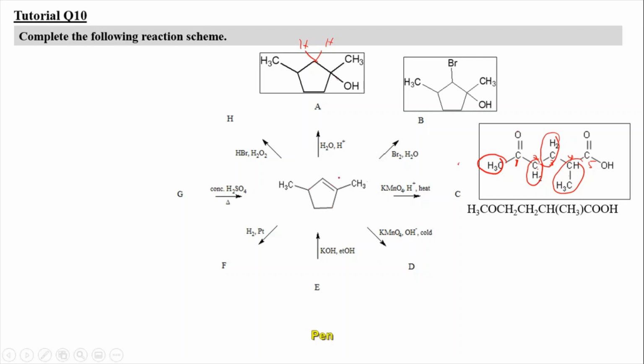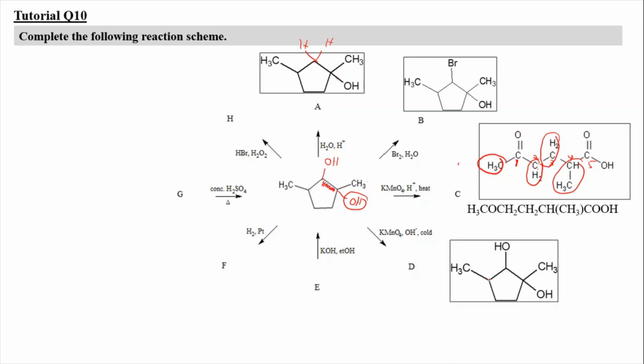Diol means that 2 hydroxyl groups are going to be attached, one OH here and another OH here. So 2 OH groups are going to be inserted, and the carbon-carbon double bond is going to diminish. So what we're going to have is this kind of structure.